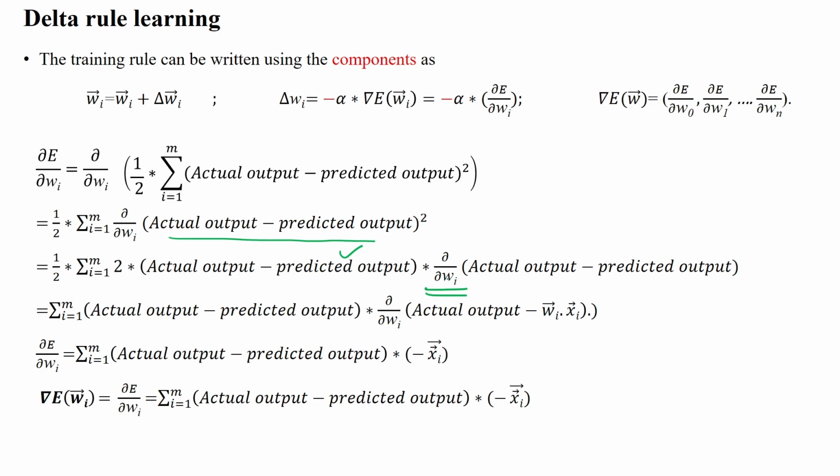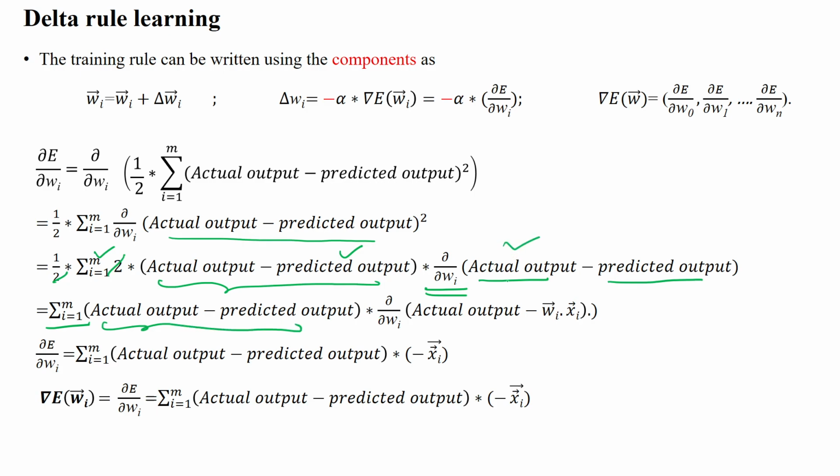So dou divided by dou wi of actual output minus predicted output. Again we cancel this 2 and 2, so summation of i equal to 1, this term is used as it is.